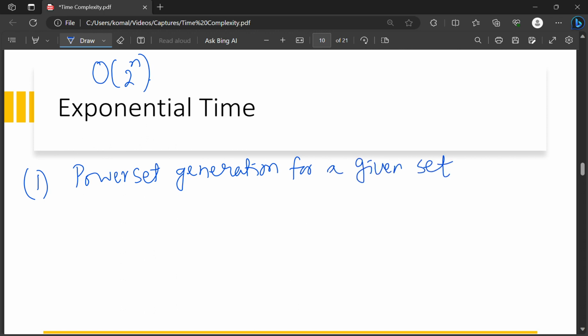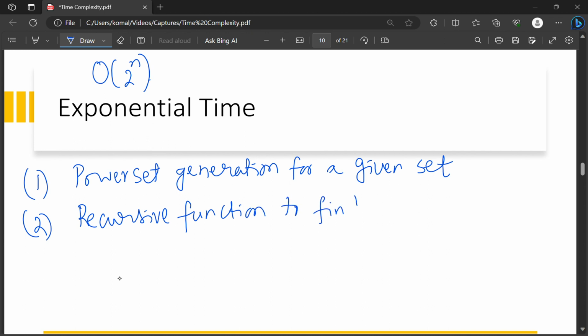This consumes 2 power n time complexity. Another example I can take is a recursive function to find the nth Fibonacci number.